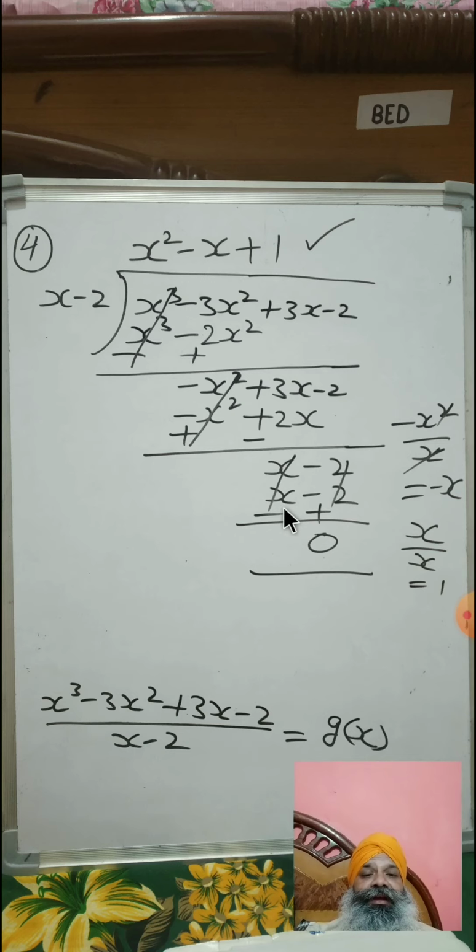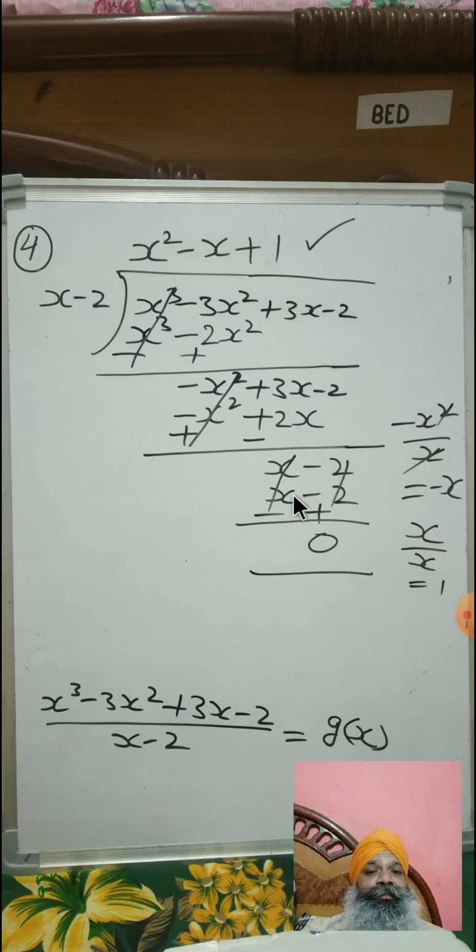So here we have x minus 2. The first term of the remainder is x and the first term of the divisor is x. So x divided by x gives us 1. So the third term of the quotient is 1. Then 1 multiplied by x minus 2 gives us x minus 2.